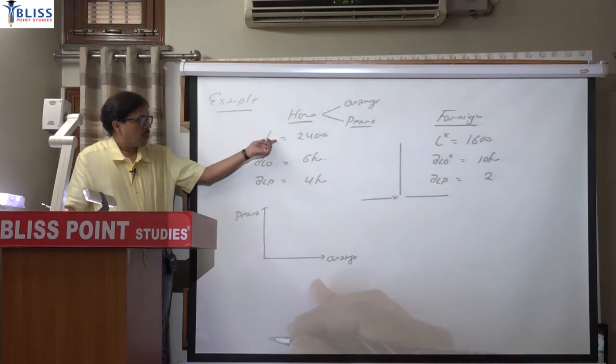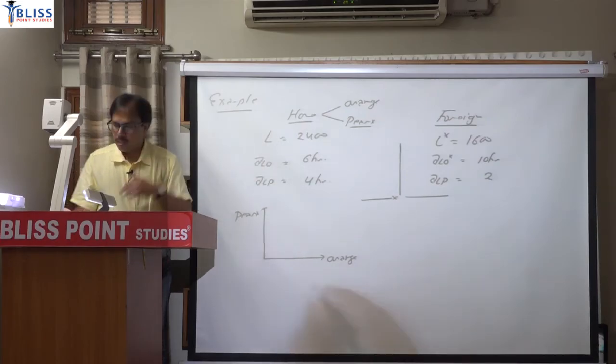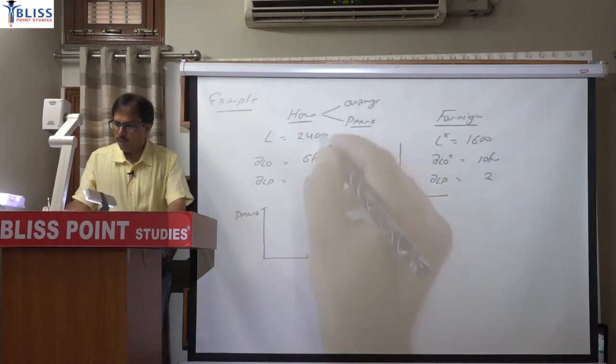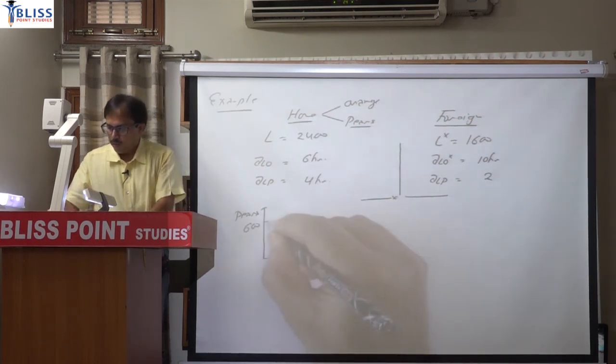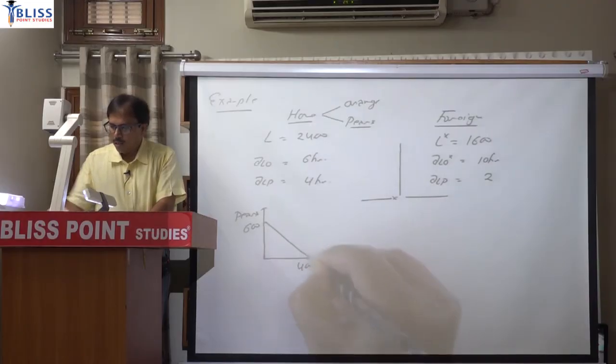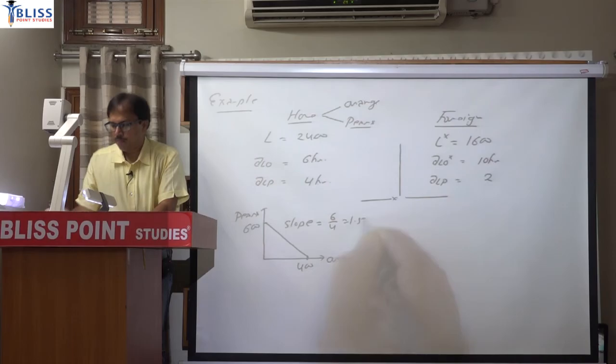If this is the overall labor resource available and this is the unit labor requirement, then L upon this will be this corner point. So it is 2400 by 6, 2400 by 4, and what is the slope here? Slope will be 6/4, that is 1.5.